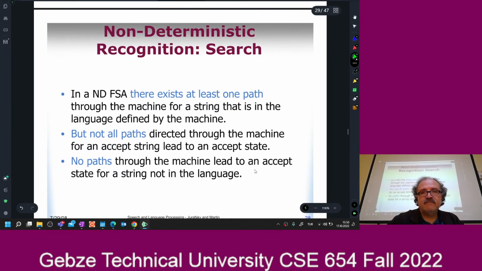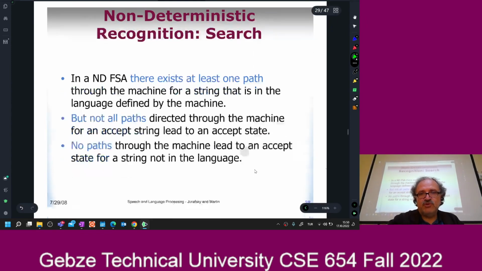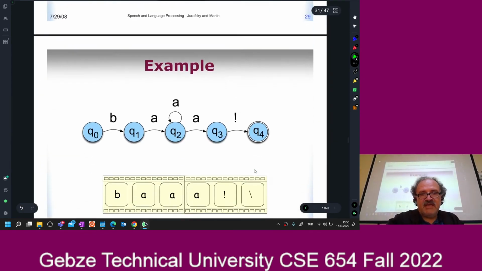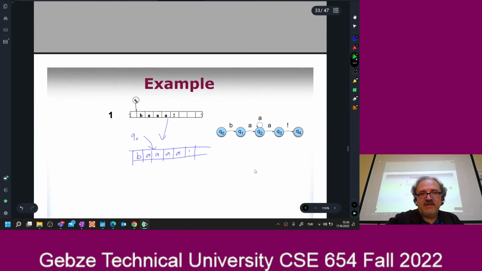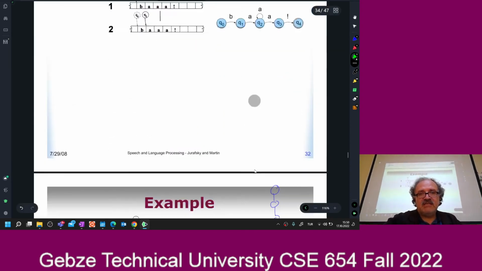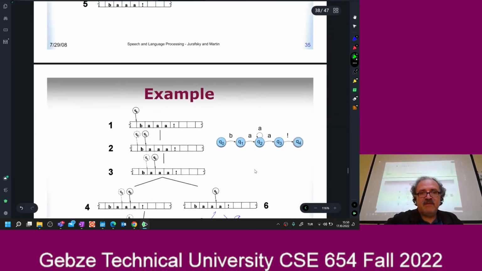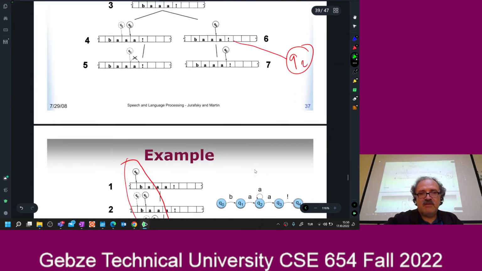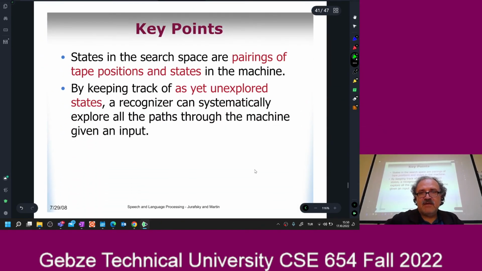Remember what we did? We can do it that way. Usually we prefer converting to a deterministic system and running D-recognize accordingly.